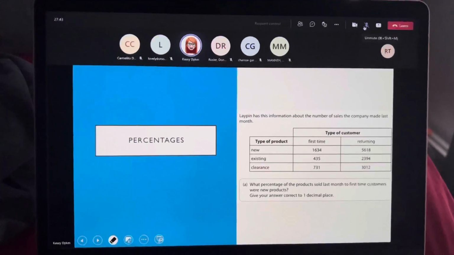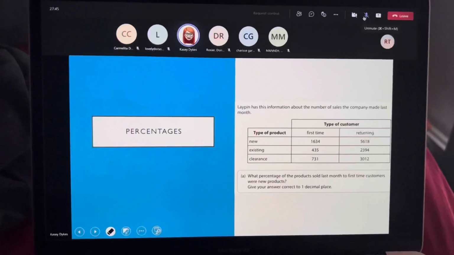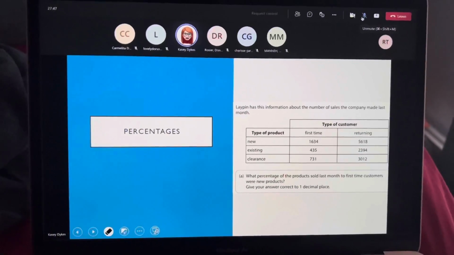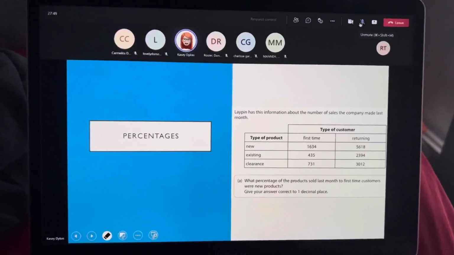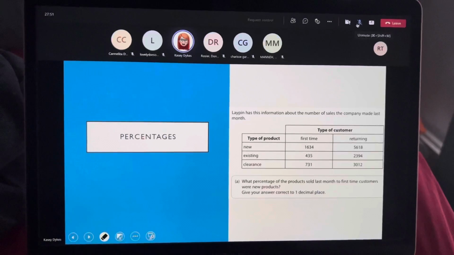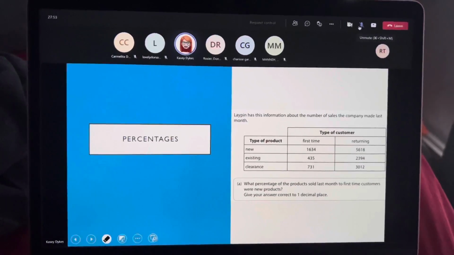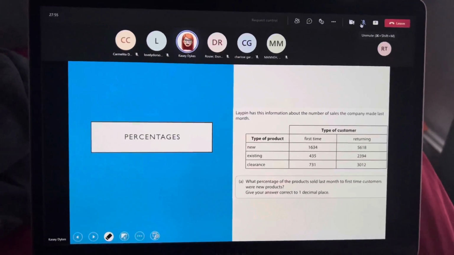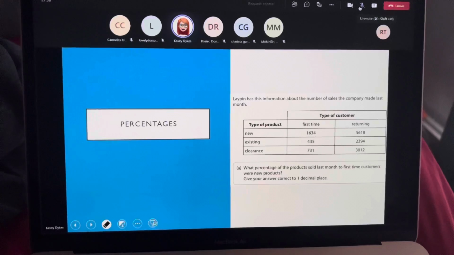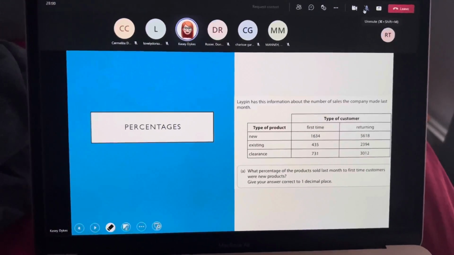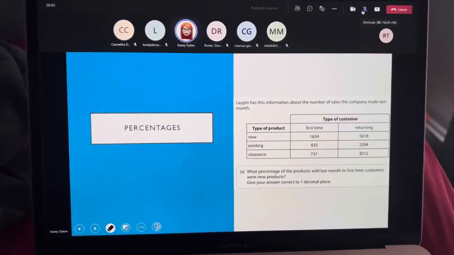You need to work out what percentage of the products sold last month to first-time customers were new products. And then it says, give your answer to 1 decimal place. What that tells you is it's not going to be a very nice answer, and we're going to have to do some rounding. There's a clue there.